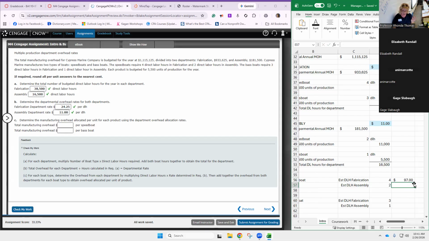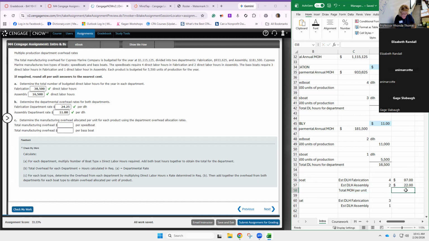What we're going to do is take 4 hours times the rate up here, and we're going to apply overhead for those 4 direct labor hours of fabrication, $97. For assembly, its rate is $11. So we're going to take 2 times 11 and find out how much overhead is going to come in for speedboats. And now we can add down for total manufacturing overhead per unit, and that's per speedboat.